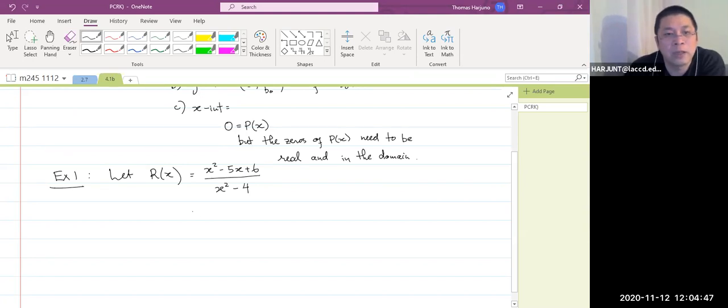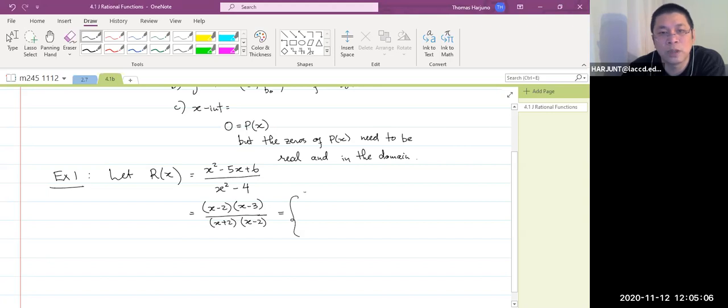I will simplify this by first factoring them. (x minus 2)(x minus 3) over (x plus 2)(x minus 2). So something canceled here, such that we can say this equals (x minus 3) over (x plus 2). You see, because x minus 2 cancels. Okay, so they are the same for x not equal to 2.